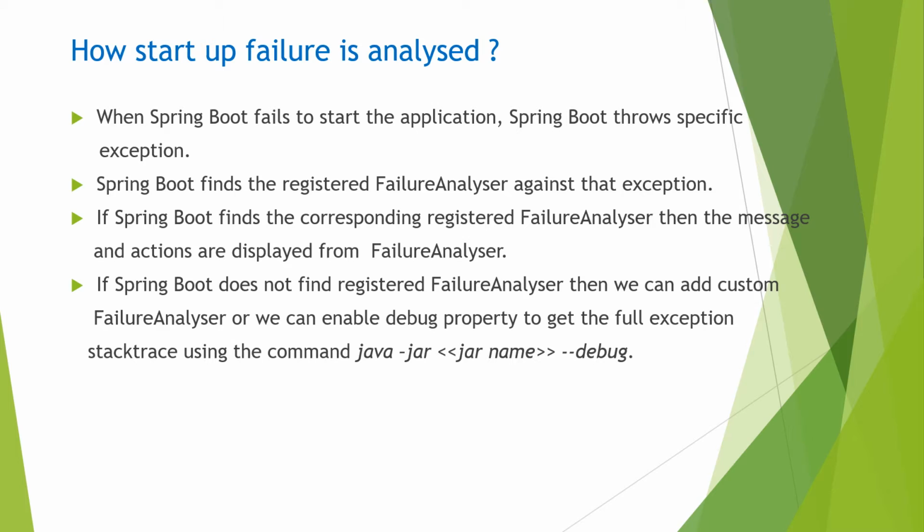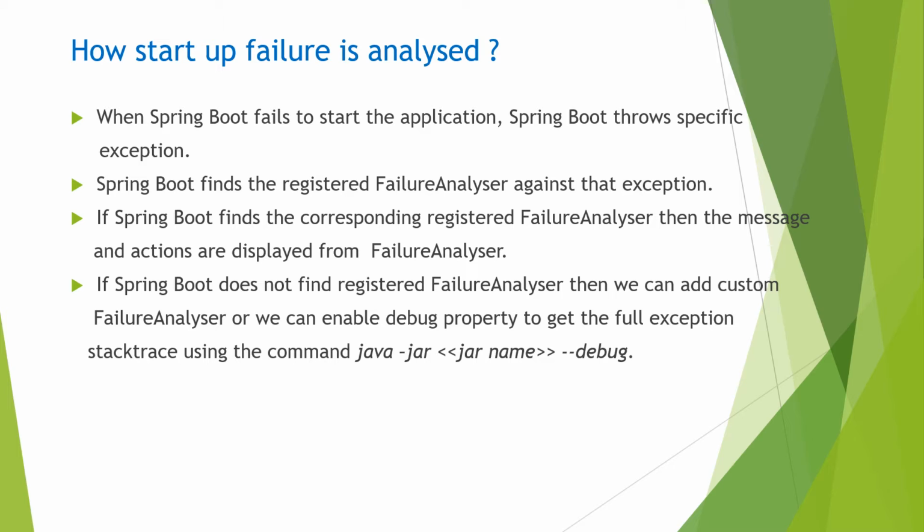Then Spring Boot finds which failure analyzer is registered against that exception. There is a one-to-one mapping in the framework: for this exception, it analyzes based on this class. Finding the registered failure analyzer may have two results: there may be one, or there may not be.